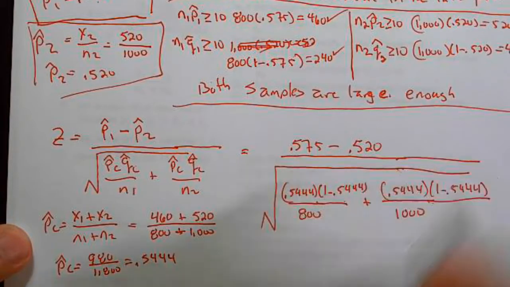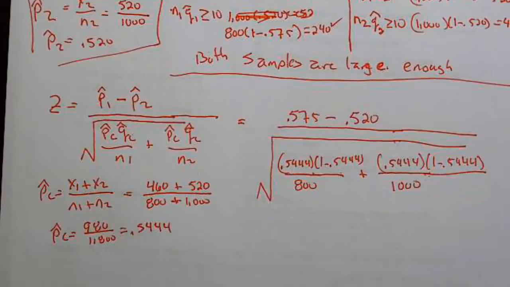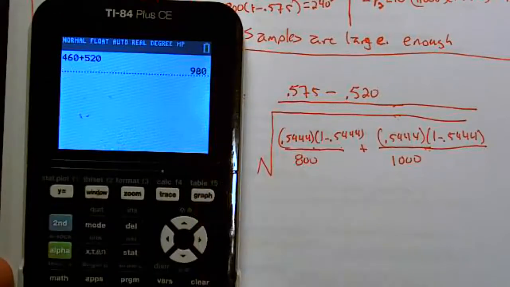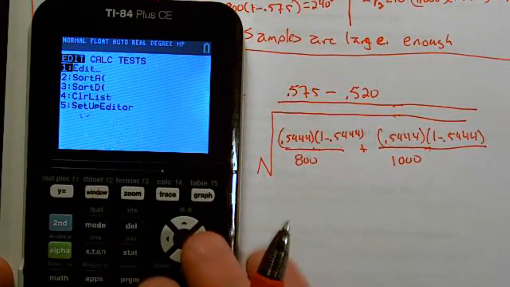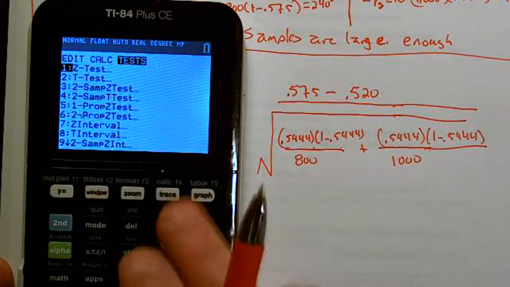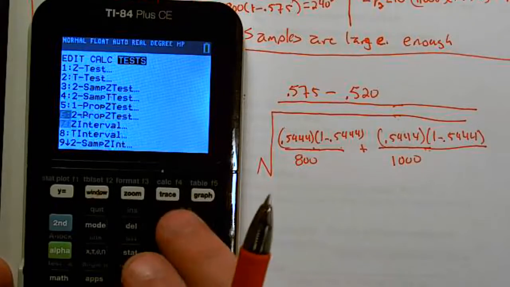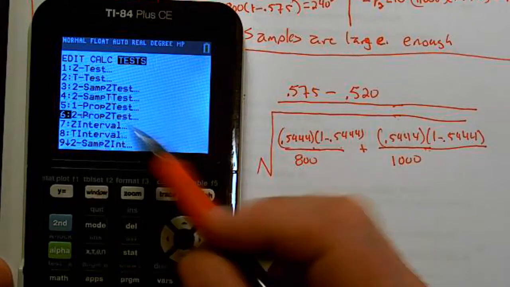And congratulations, you have now set up the most difficult test that we do all year long, right there. That's the most difficult one. So here we go. We're going to run this thing. So we're going to go stat, test, and we're going to scroll down to 2-proportion z-test right here at number 6.